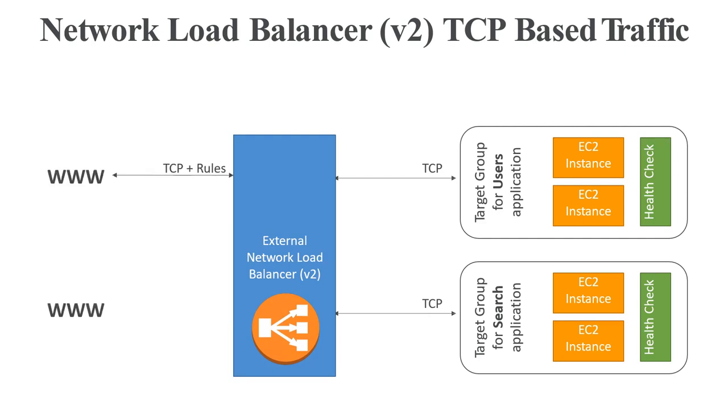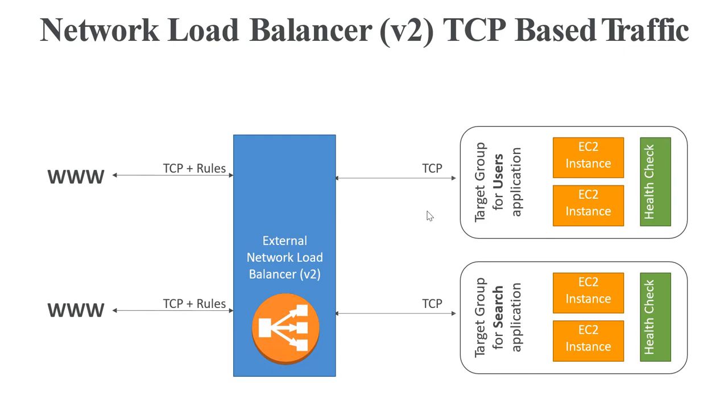And here there is no concept of path-based rules. You can define only TCP protocol with port number based routing rules, but you cannot use a path. If the port receives this, route to this target group; if the port receives that, route to that target group.